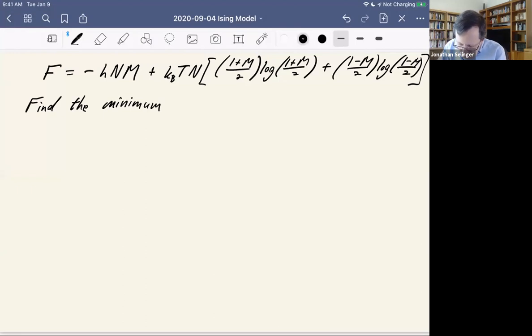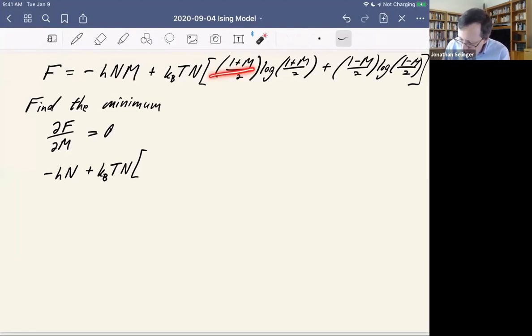We want to take the derivative with respect to m and set that equal to 0. I don't always want to do a lot of algebra in class, but I'll do it once right now. If I take the derivative of that free energy, the first term gives minus hn. For the second term, kTn, I have the product of two functions, so I have to use the product rule.